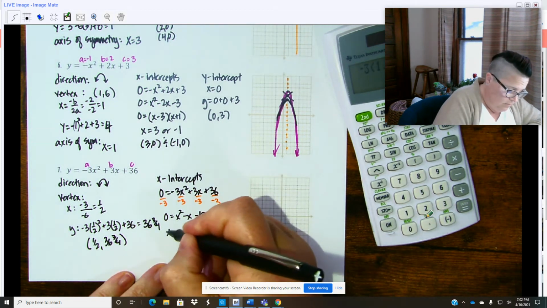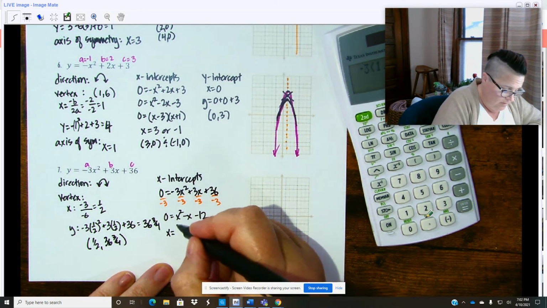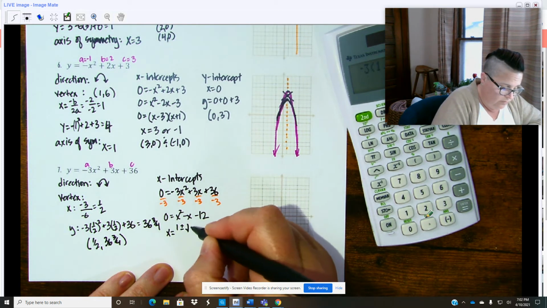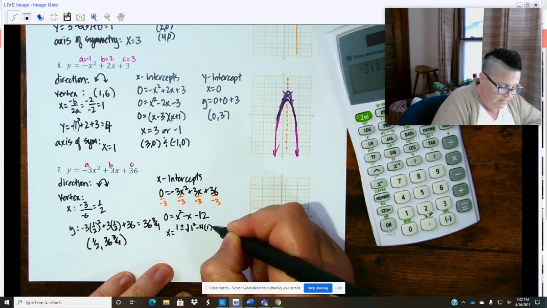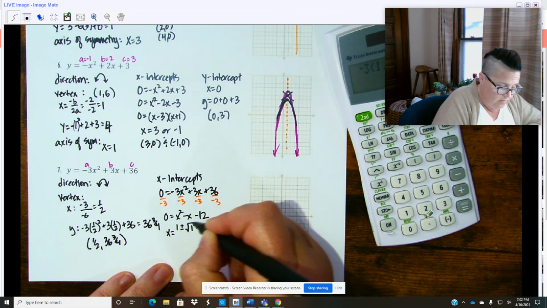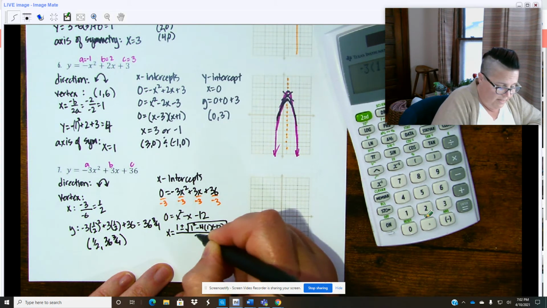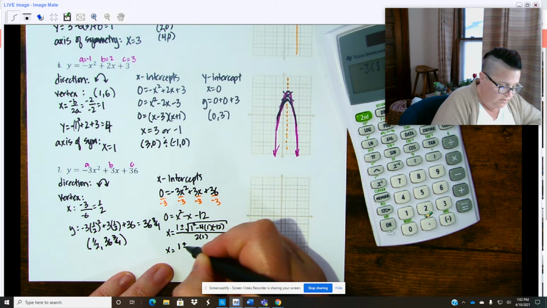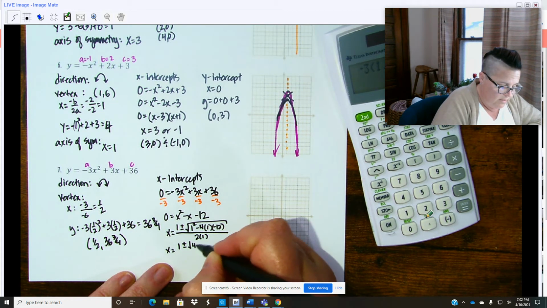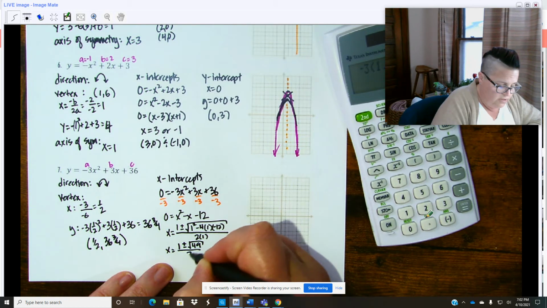So x would equal the opposite of b plus or minus the square root of b squared minus 4 times a times c, all over 2a. So x would equal 1 plus or minus the square root of 49 all over 2.